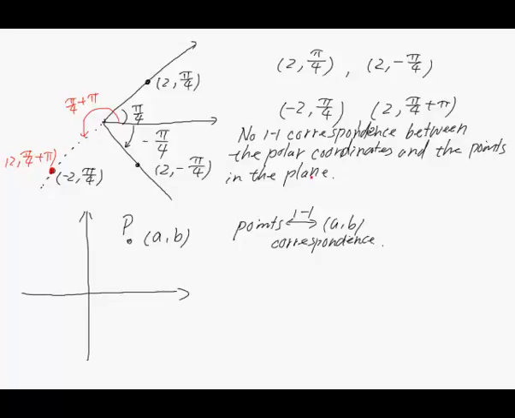So this is a big difference between the polar coordinate system and the rectangular coordinate system. And you can also see some other examples about how to locate the point by using the polar coordinates. So I just stop here.